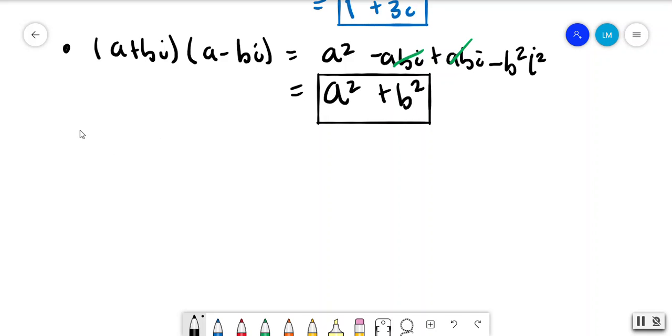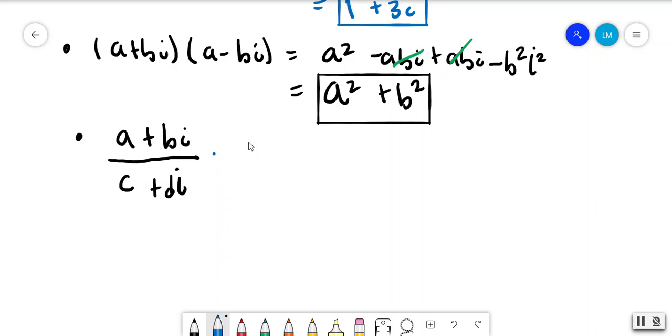That tells you that if you're going to divide a complex number by c plus di, the only way for the denominator to become real is to multiply by the conjugate. So c minus di.